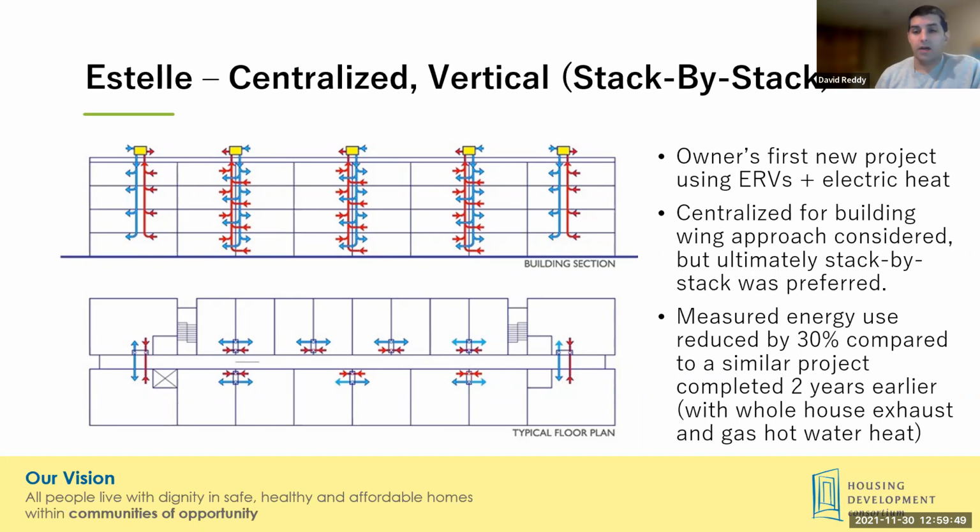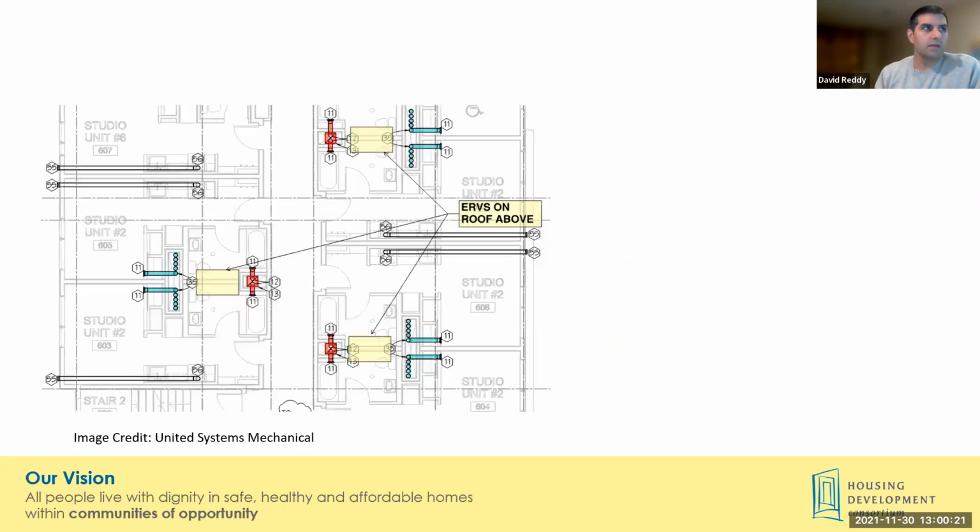And the energy cost savings, because of the cost of gas versus electricity, the cost savings to operate are about 15% less, not as much as the energy savings, but still. And ever since Estelle, DSC has continued to utilize balanced ventilation and electric heat in their buildings, and moving into the new code, they were well prepared with a lot of experience here.